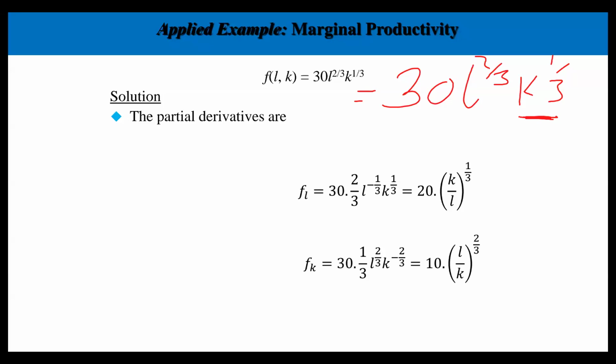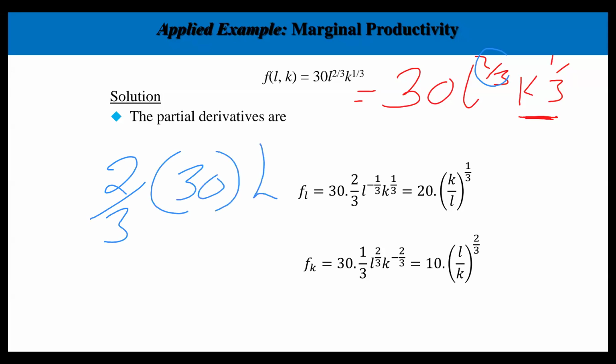We are differentiating this with respect to L. So you drop the power, which is 2 over 3, times the constant 30, L to the power 2 over 3 minus 1, then capital K to the power 1 over 3, because this one is maintained the same. Only the labor one has a reduced power.